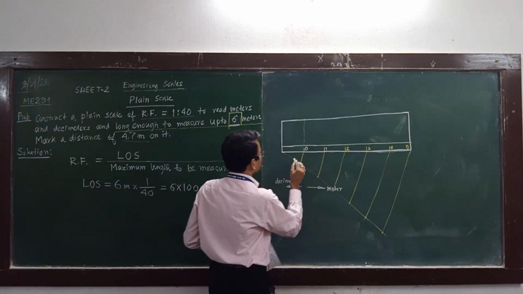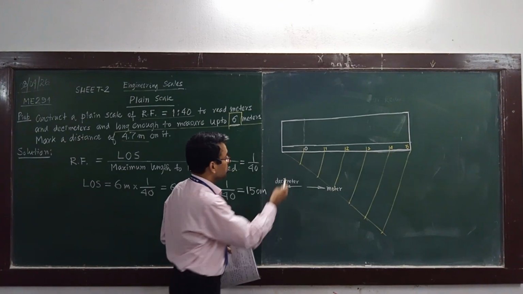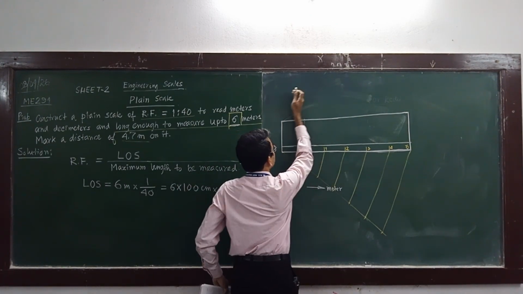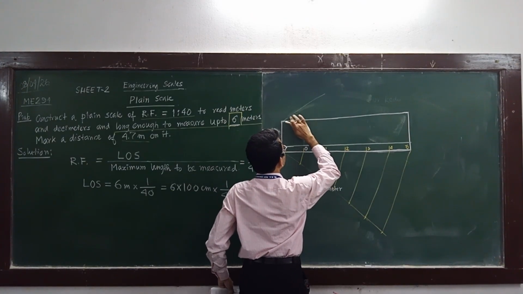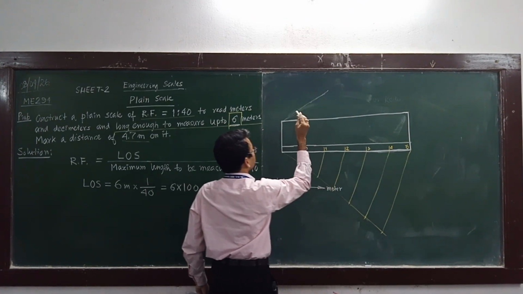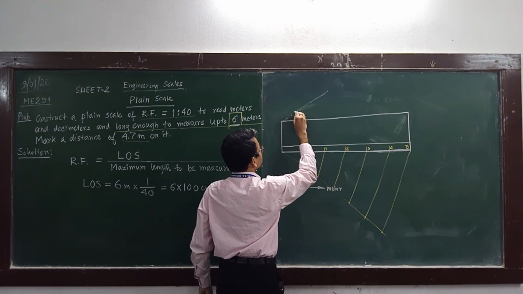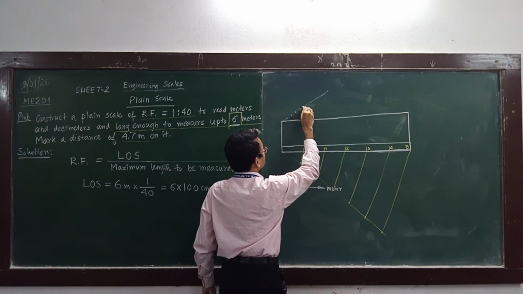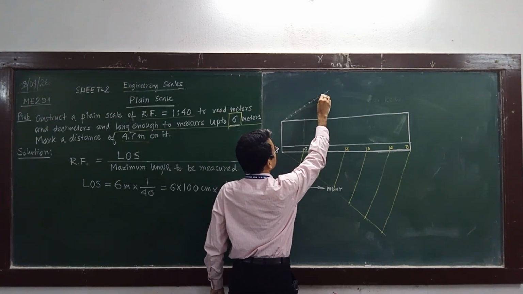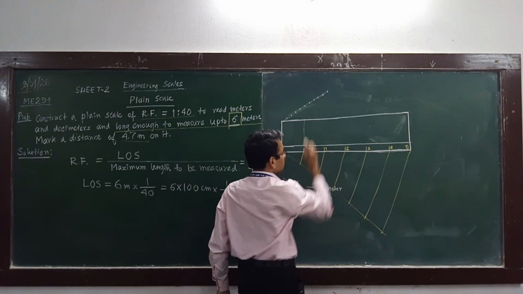Right? Next, this side also you will divide into how many divisions? 10. So you will draw a line here. Then you will divide into 10. Say 1, then 2, 3, 4, 5, 6, 7, 8, 9, and 10. So you will join this with this.